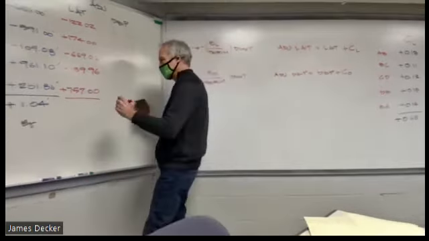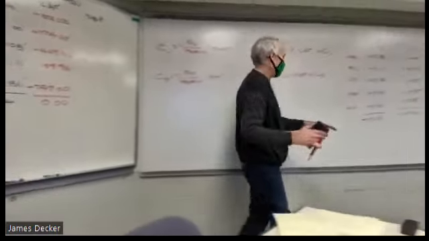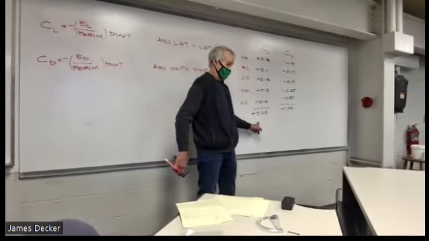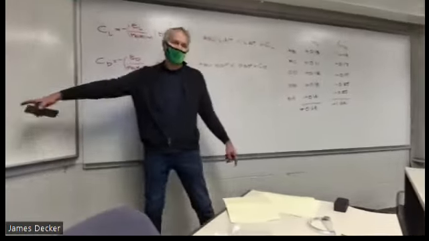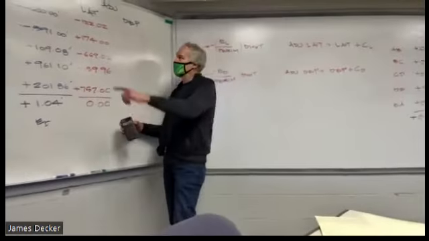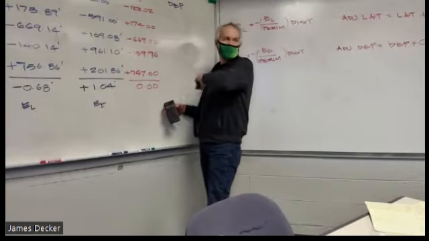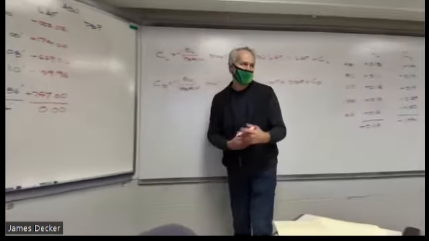If it doesn't go to 0, you did something wrong. This tells me it should go to 0, because those are the same number, opposite side. So if it doesn't go to 0, it means you're probably adding one of them when you should have subtracted. You went the wrong way, probably with this one. That's what this one is doing. Okay?